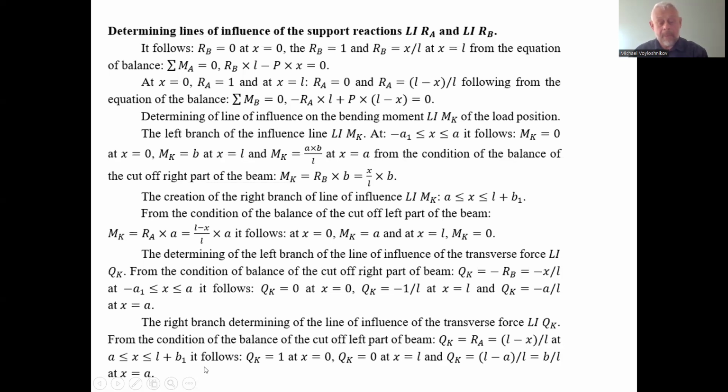It follows that the shearing force at the point X equal to 0 equals 1.